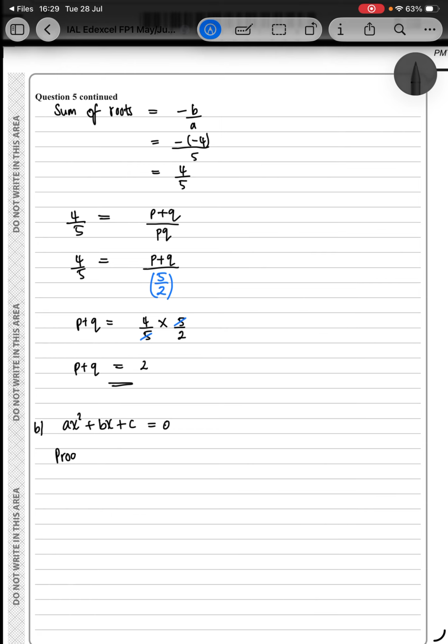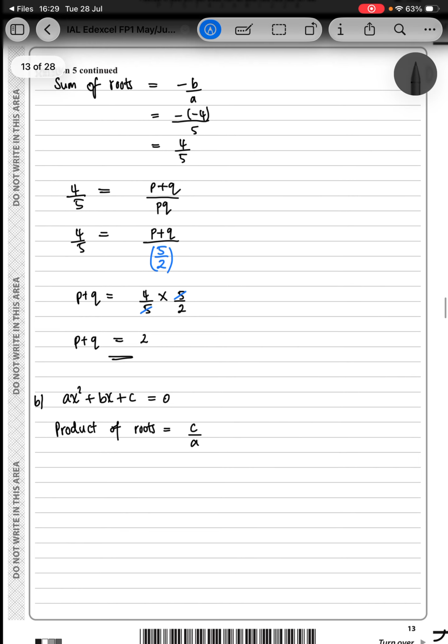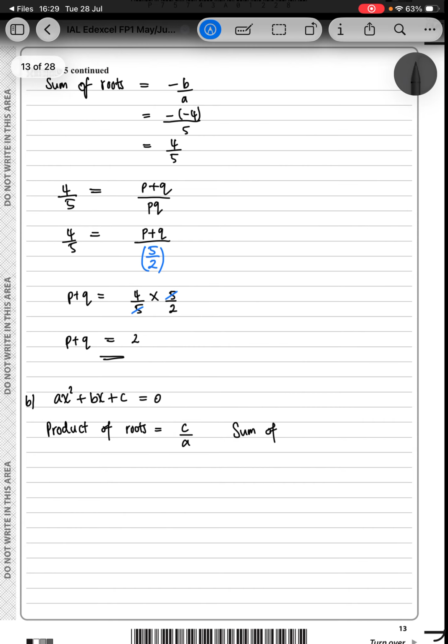Our product of roots will be c over a, and sum of roots will be minus b over a.